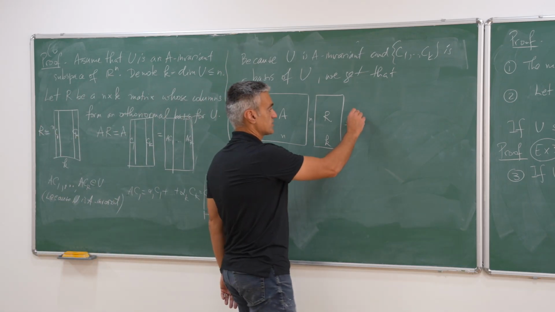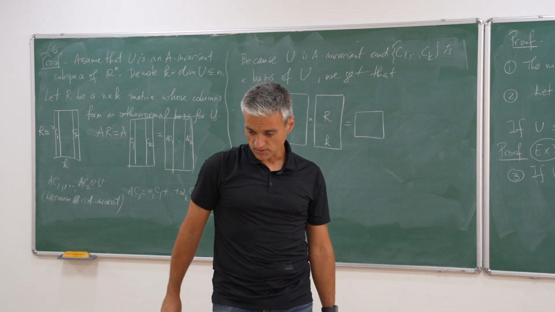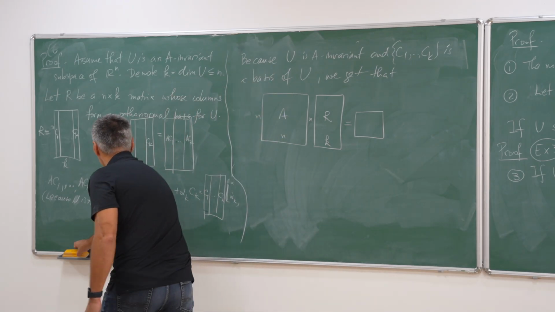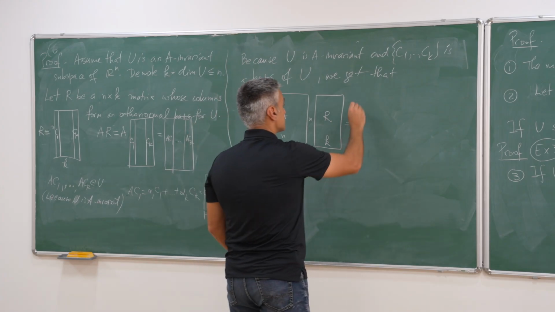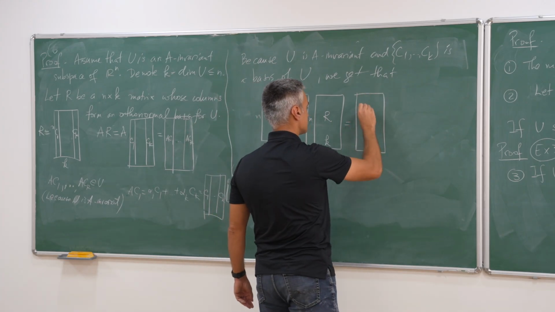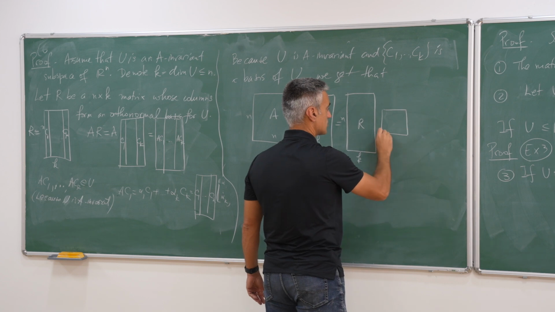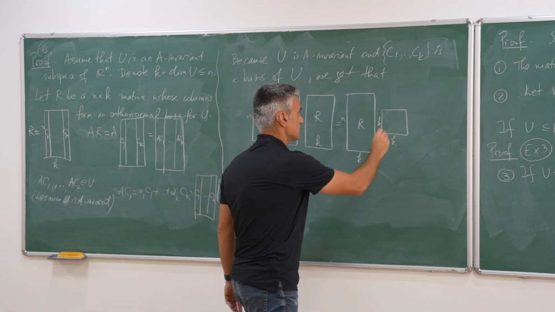No, I got it the other way around. It will be this tall matrix R again, which is n by k, times something small, which is k by k, and I call this B.